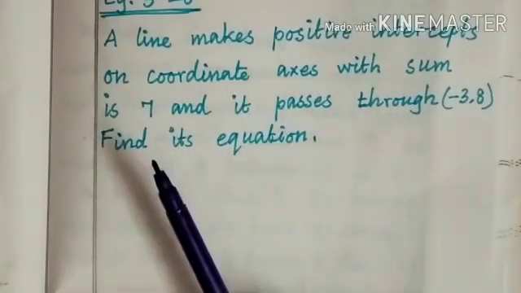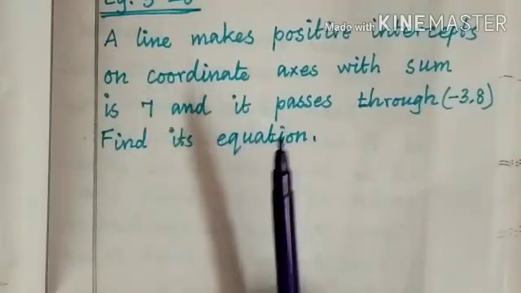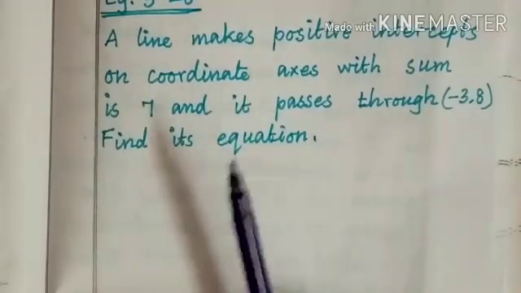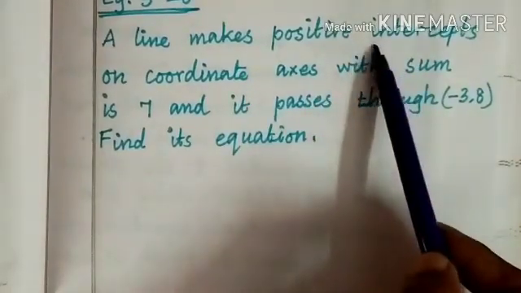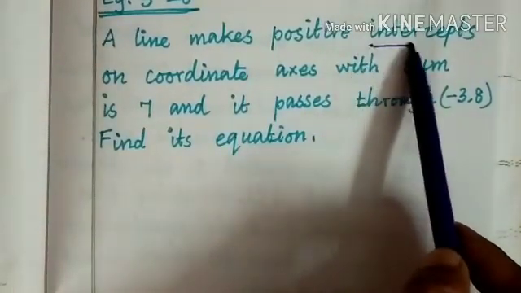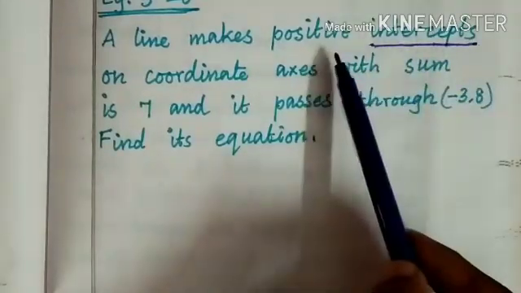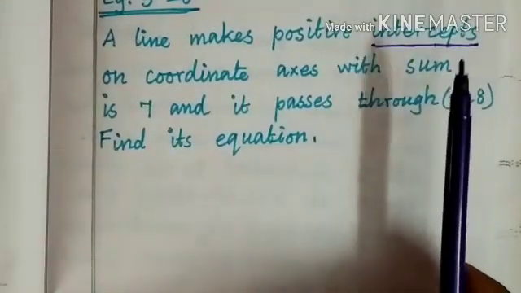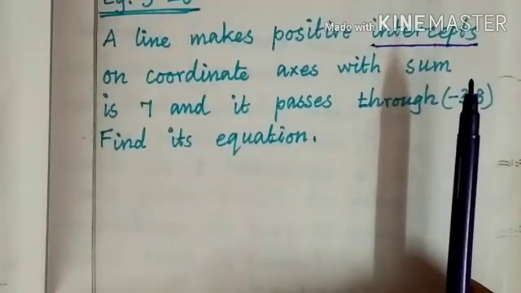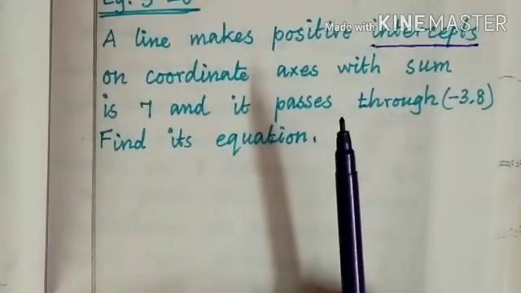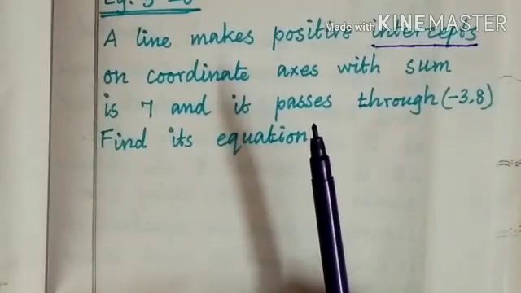We have to find the equation of the straight line. Which formula do you have to use? See here, positive intercepts. Intercepts means use the intercept form, that is x by a plus y by b equal to 1.